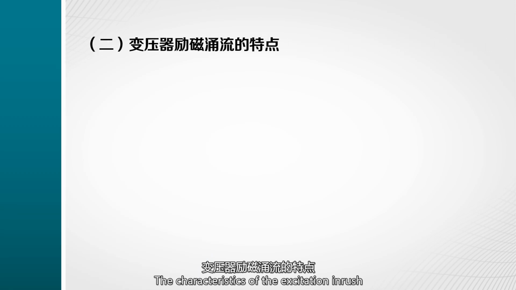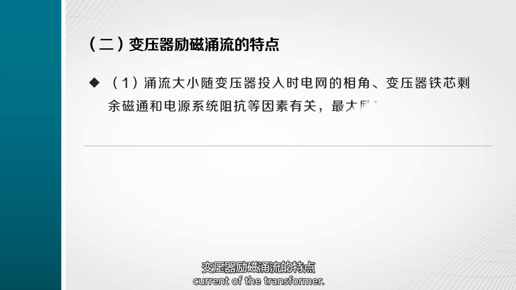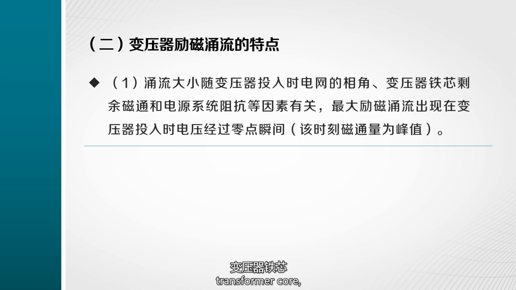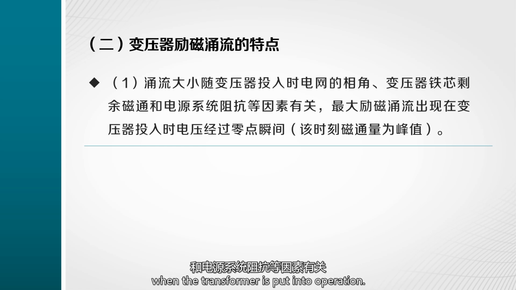The characteristics of the excitation inrush current of the transformer. First, the magnitude of inrush current is related to factors such as the phase angle of the power grid, transformer core, residual magnetic flux, and power system impedance when the transformer is put into operation.